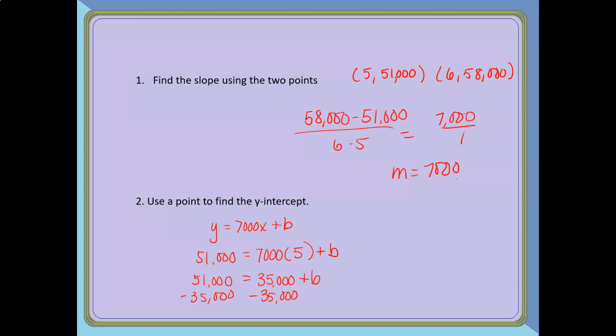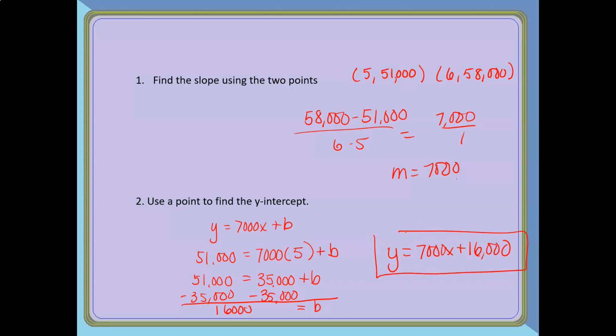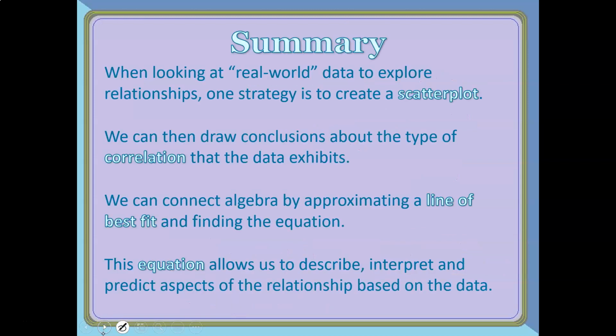And that will give me 16. So b is 16,000. So my equation is y equals 7,000x plus 16,000. All right, we're going to work more with that as we go along.